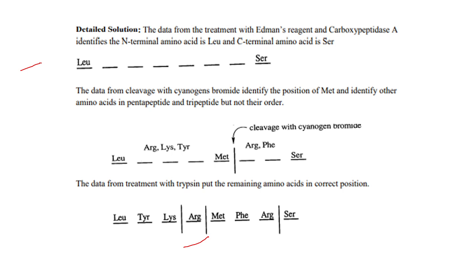Now the next information is that trypsin forms the following two peptides and two amino acids. So if you treat this with trypsin, what will it give? It will release serine.